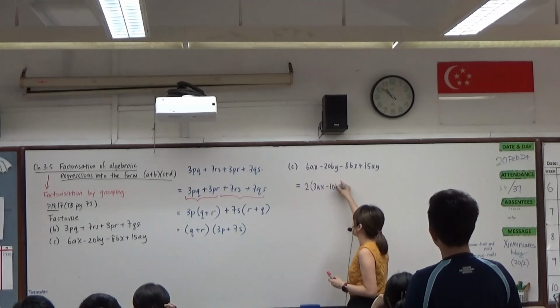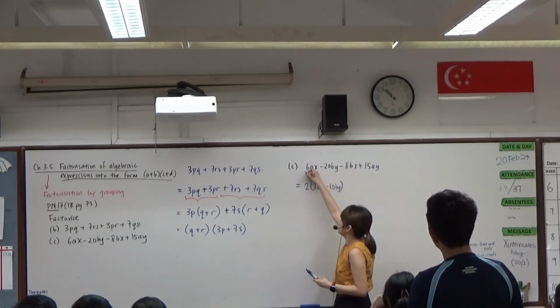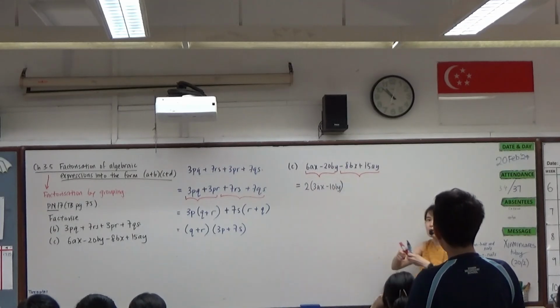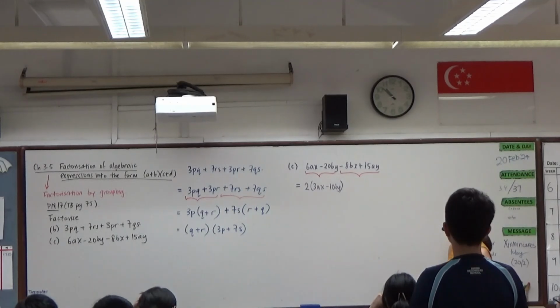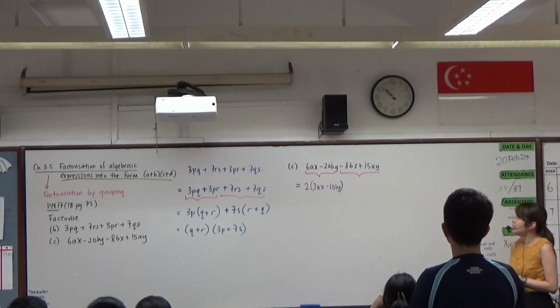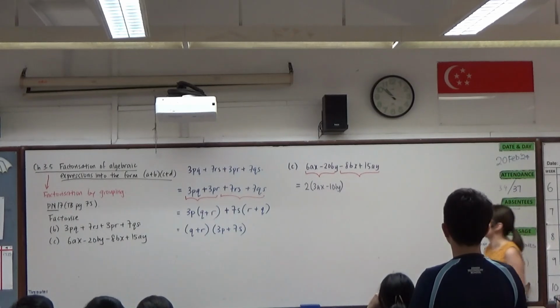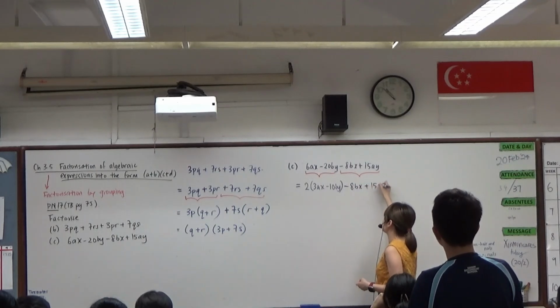Minus 10by. Then in the second pair, what's the common factor? There's no common factor. 8 and 15, there's no common factor. Bx and ay, there's also no common factor, right? And then we will be looking at an answer like that.